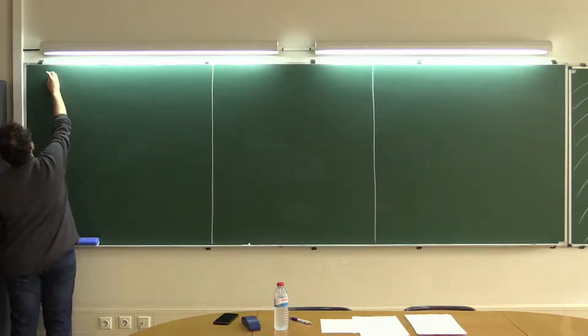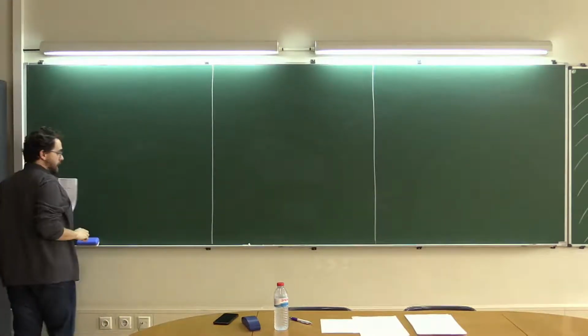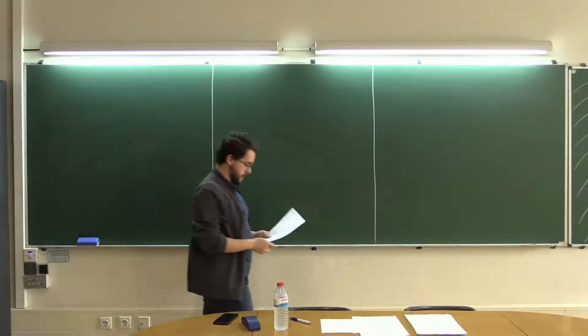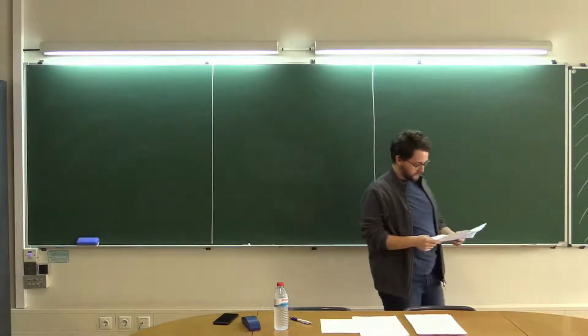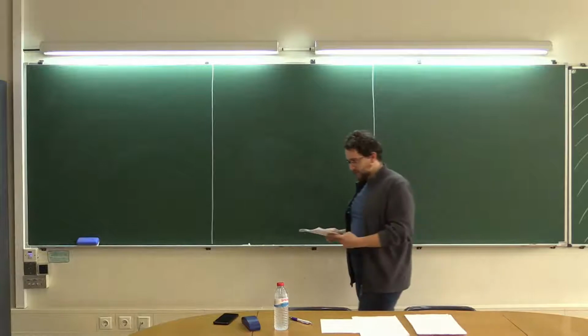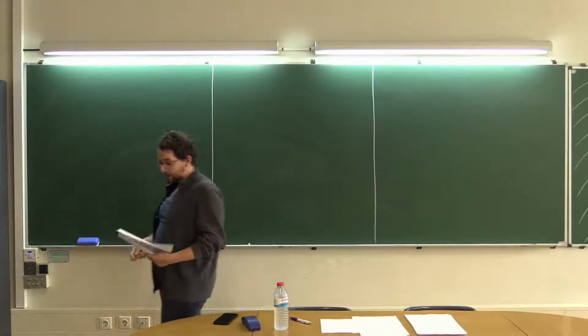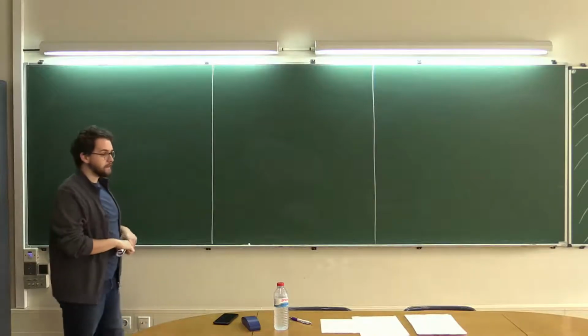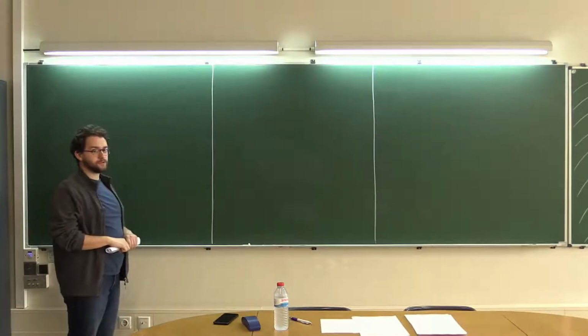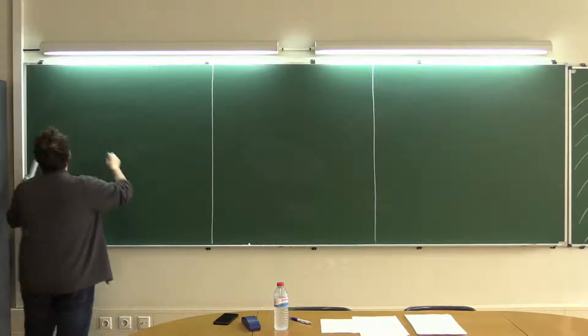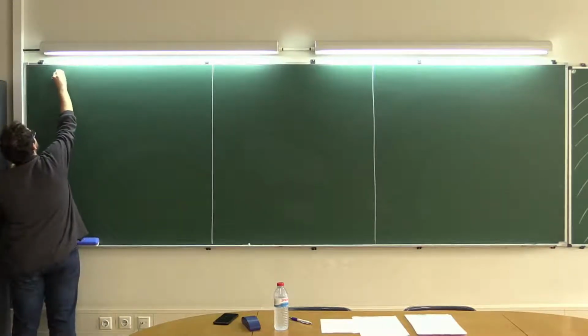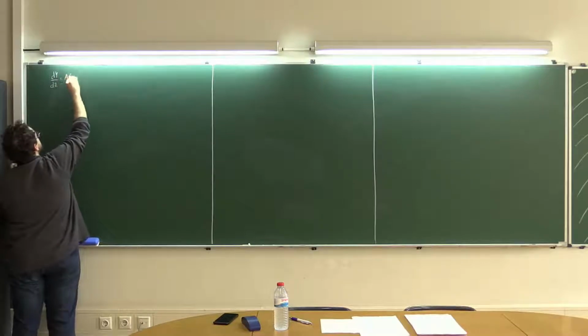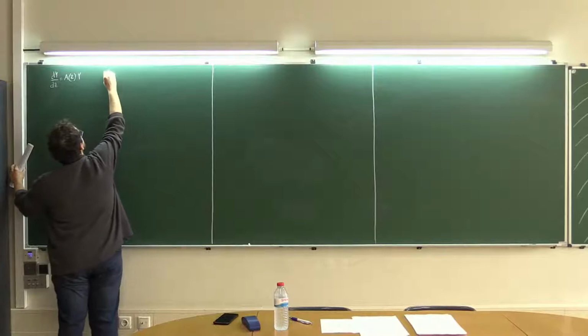What I want to do right now is to first introduce a bunch of numbers which quantify how multivalued the solutions of our differential equations are. So, as last time, we consider this differential equation.